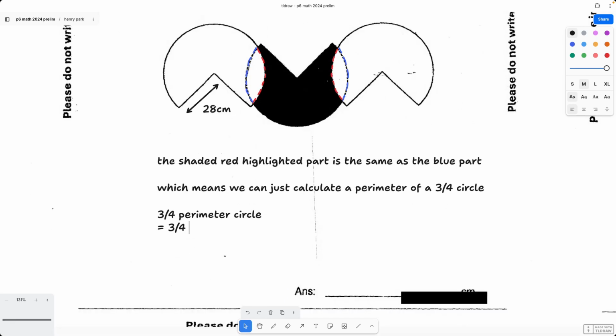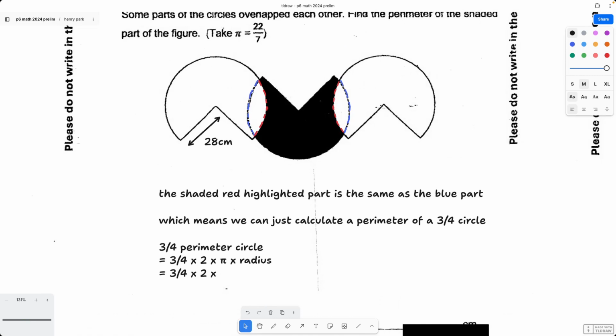22 over 7, so times 2 times pi, and times radius. The radius, we know that it is 28 centimeters. So let's go here, 3/4 times 22 over 7 times radius.